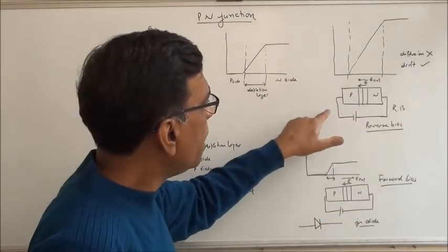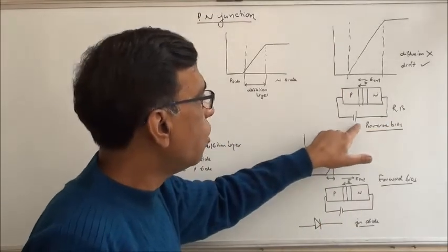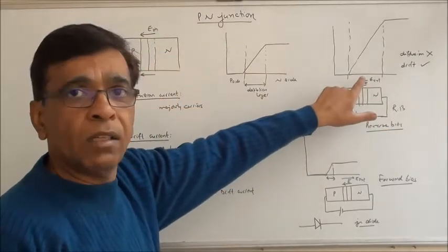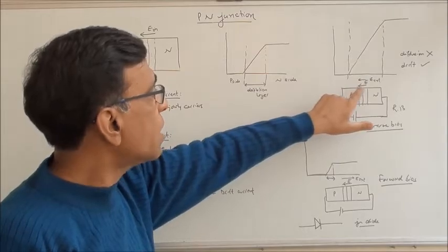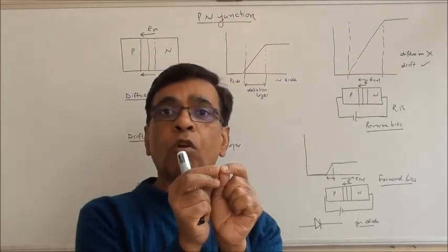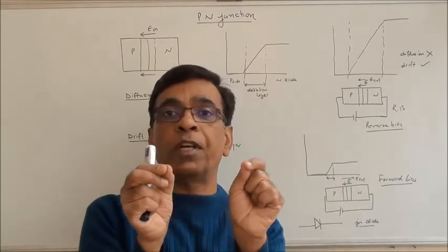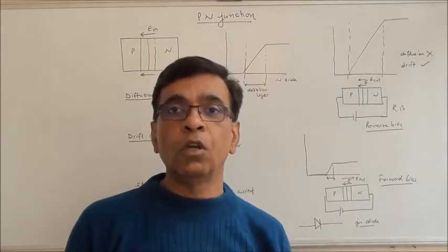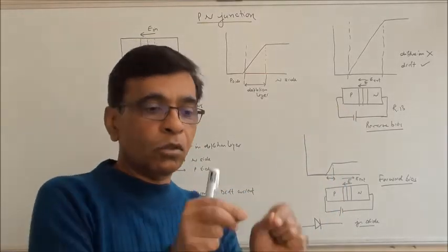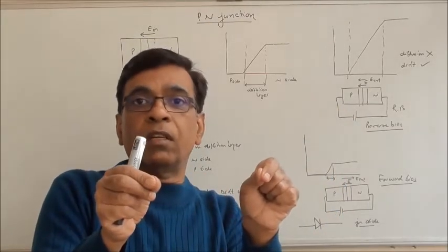If I connect the P side to negative and the N side to positive, this will develop an external field in the same direction as the internal field. The internal field was already pushing the electrons and holes, the majority carriers, away in the two regions. With this additional force, the width of the depletion layer will increase.